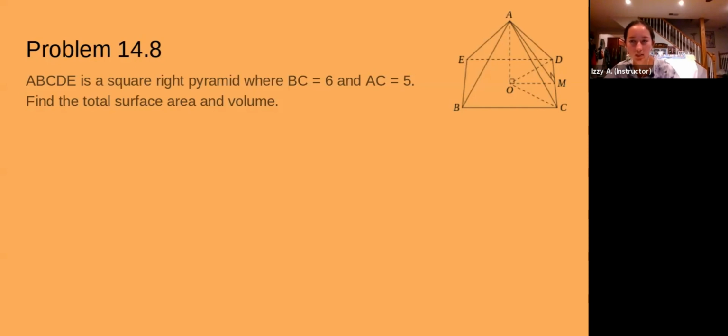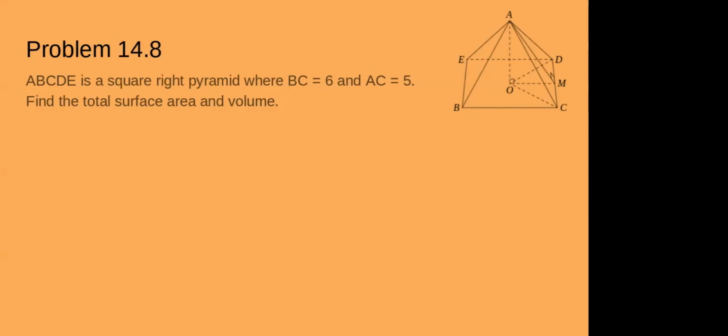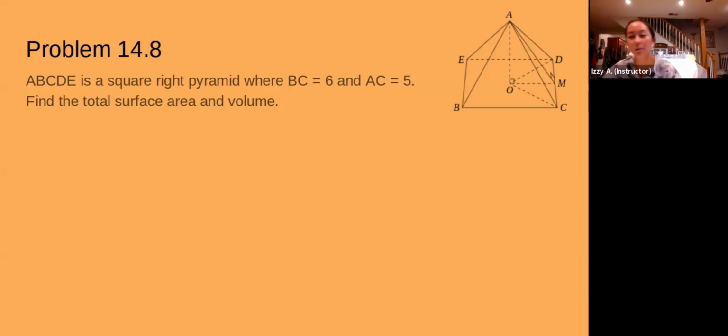Did you multiply AC in the volume, or did you multiply AO? AC. Okay, sorry. Remember the height is not going to be AC. The height is actually going to be AO.